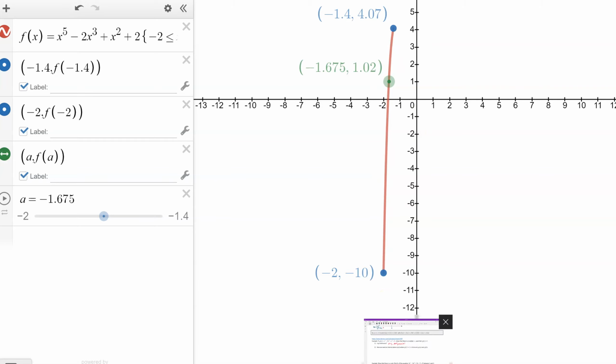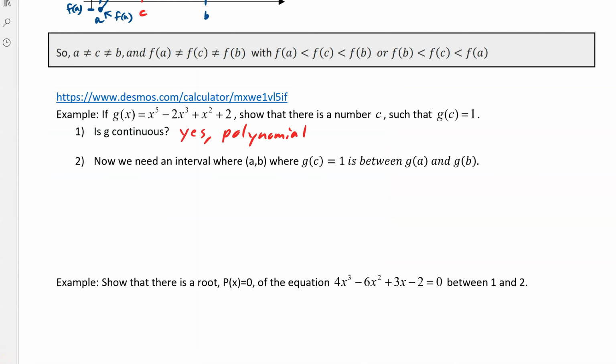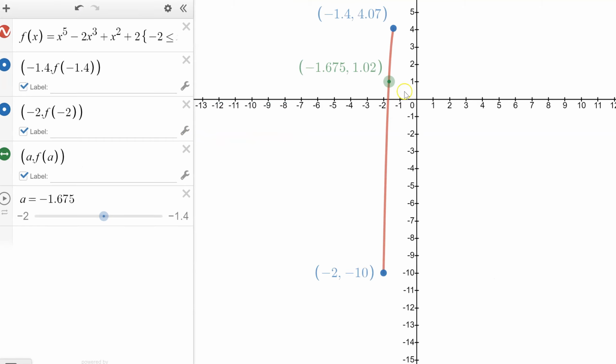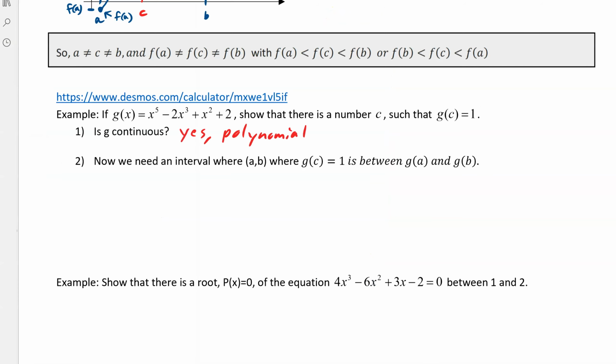So it looks like this. I've now looked at my graph, and I go, okay, for 1, my y value would be between -10 and 4. So if I pick -2 for my a and -1.4 for my b, that will give me the y values that I need for the intermediate value. You first start by stating that it's a polynomial, and then you plug in those two values.